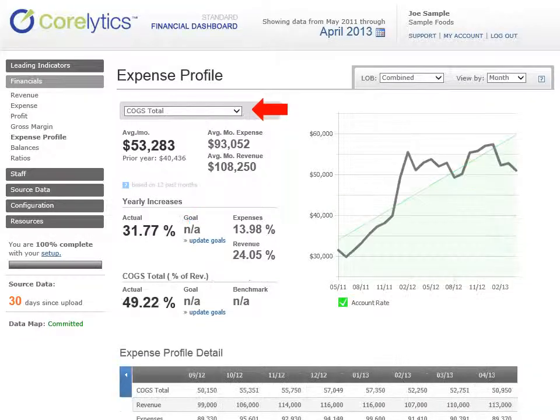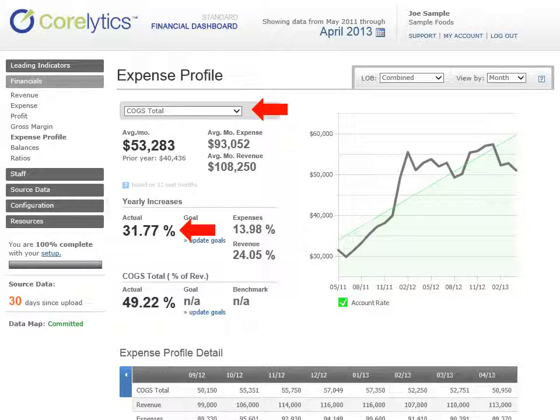What else might it be? If it's not overheads, it's got to be direct costs. So let's look at our COGS total cost, and right away we see a number that is starting to make a big difference here. A 31% increase in direct costs is a big jump, and that's where the problem is.